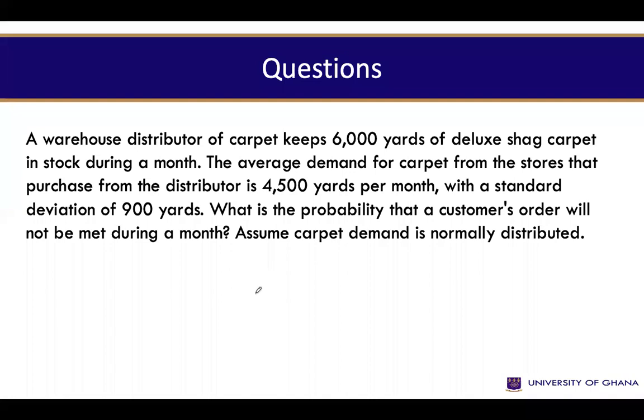You keep 6,000 yards in stock, and somebody's order will not be met. What will cause somebody's order not to be met, given this information? Don't think fast. The answer is right here.